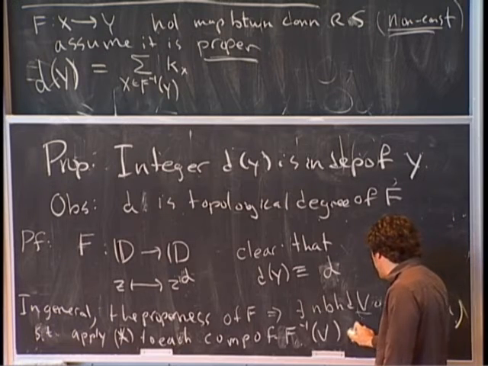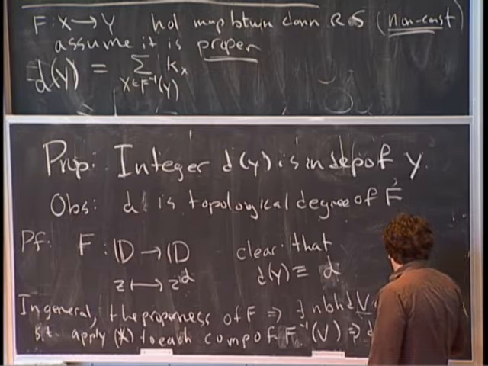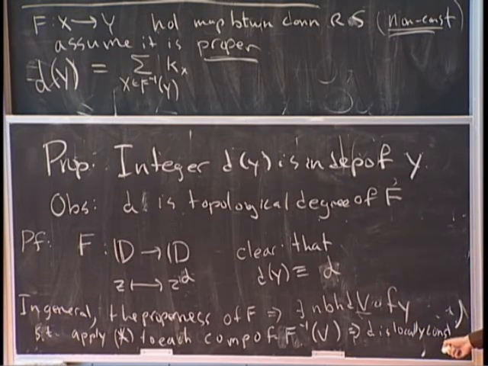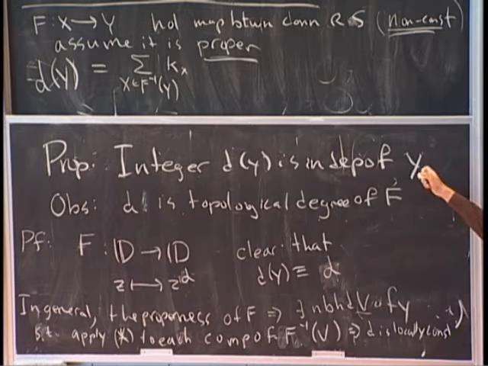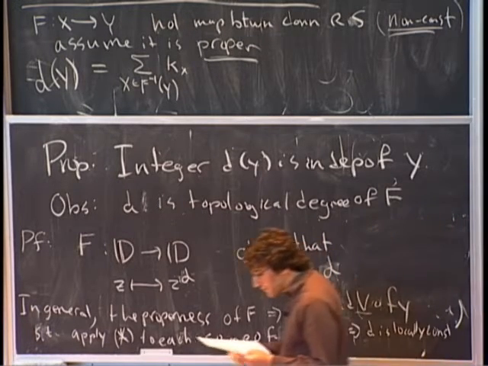So this implies that D is locally constant. But we're assuming y is connected, so if we have a locally constant function on a connected space, then it has to be constant, which is the claim.